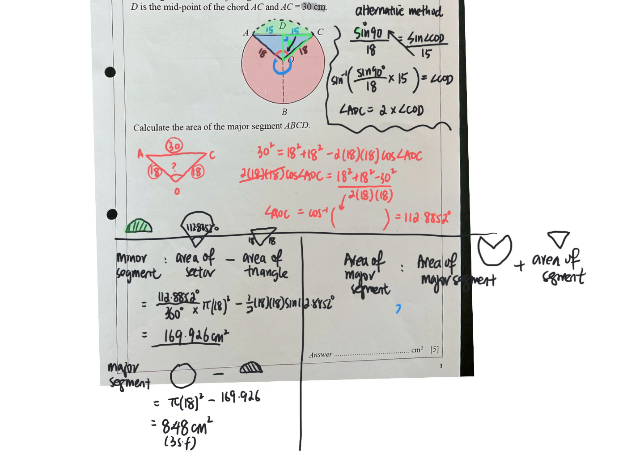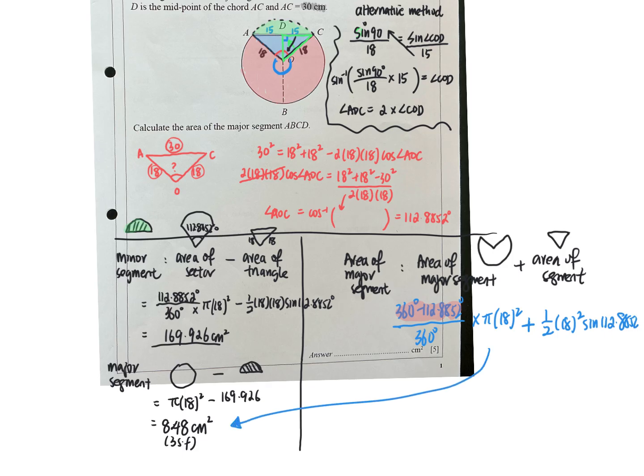So you got to use 360 take away the 112.8852 over 360 times pi r squared. So that's the difference. A lot of you forgot about this angle. You got to find the reflex angle, and then you add to the triangle. So this is method 2. You will also arrive at the same answer.